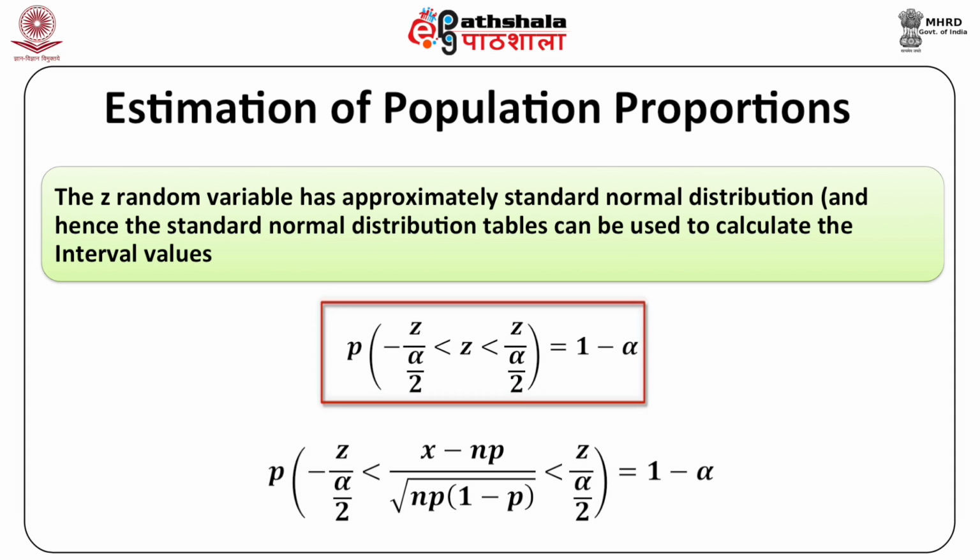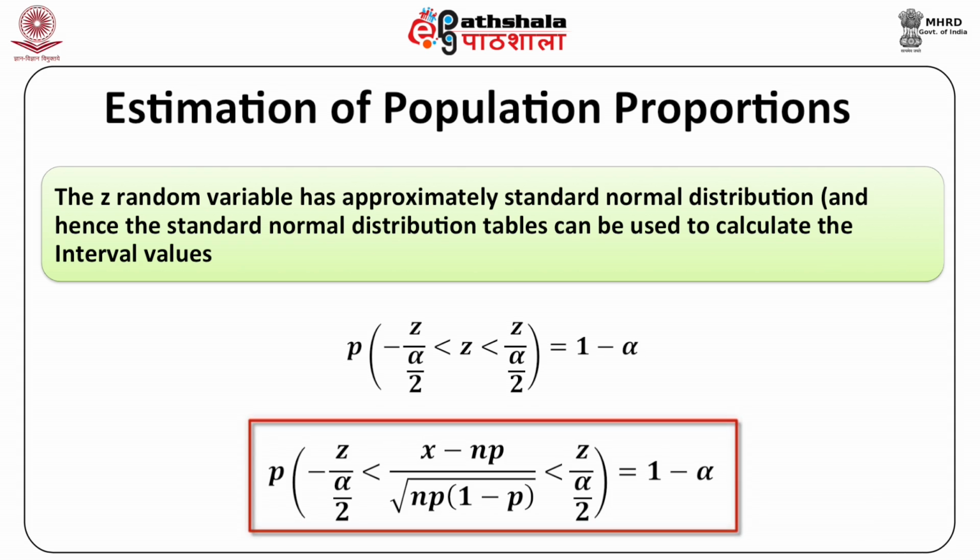Hence, P(−z_{α/2} < Z < z_{α/2}) = 1 − α, which is equal to P(−z_{α/2} < (x − np)/sqrt(np(1 − p)) < z_{α/2}) = 1 − α.